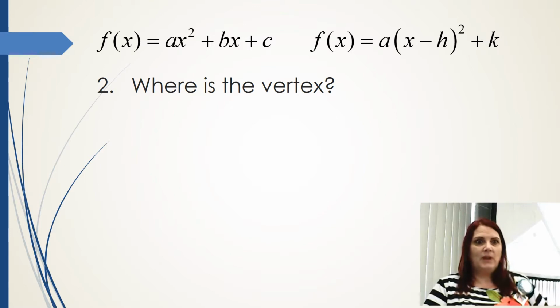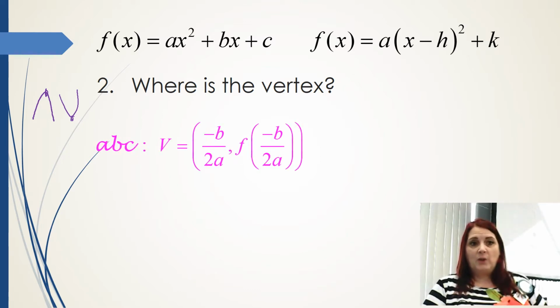The next question we're going to ask is, where's the vertex? The vertex is either the maximum or the minimum of the parabola. So let's take a look. In the standard or our general form, ABC, for the vertex, you're going to look at negative b over 2a. Remember, this is our a and our b and our c.